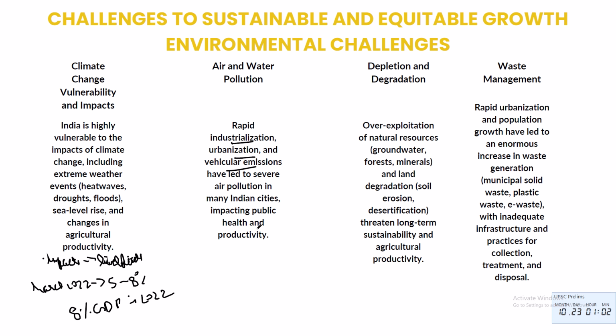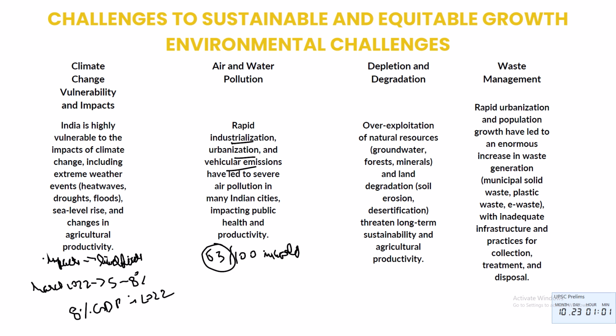The Ganges River, despite its cultural significance, is one of the most polluted rivers in the world. 63 cities out of the 100 most polluted cities in the world are in India. This shows how unhealthy the levels of air pollution are in India.